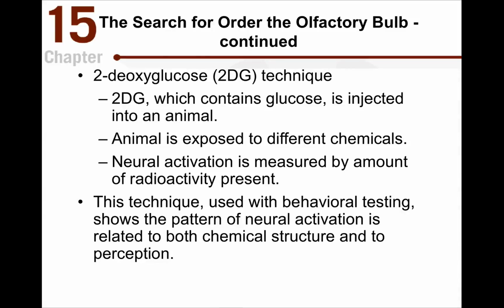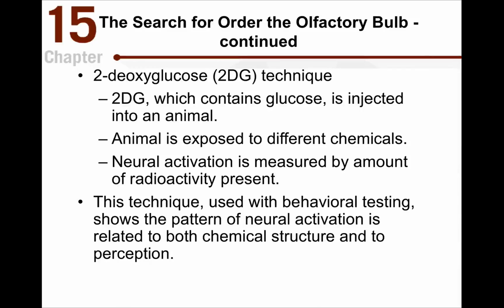When you use this technique in combination with behavioral testing, you look not only at the brain activity of the animal when it's exposed to chemicals, but you also look at the behavior. For example, teaching an animal to fear a certain smell or not fear, or to like a certain smell.